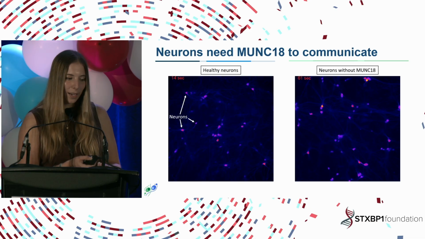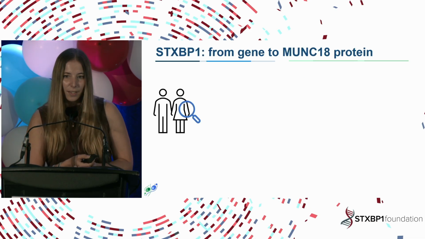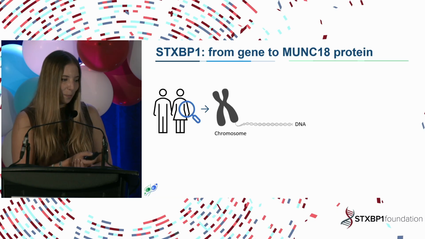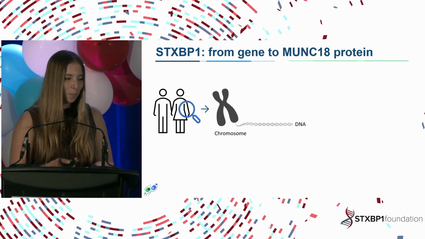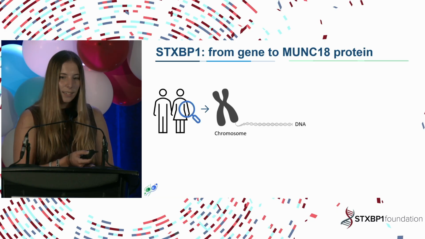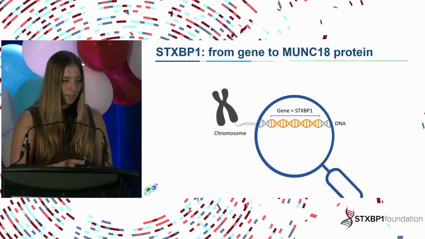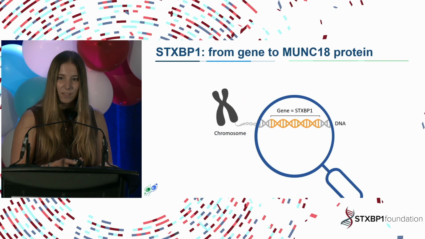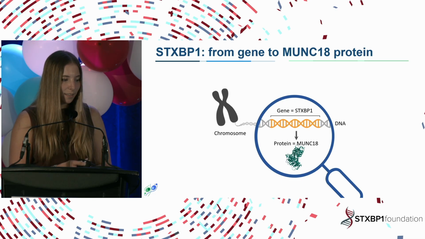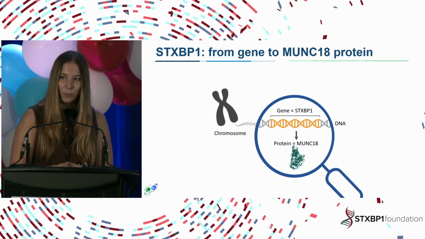But now if we go back to STXBP1, when we look at people, we have the DNA packed into chromosomes. And the DNA is structured in a way that there's fragments that we call genes. One of these genes is STXBP1, and as I said, this gene is necessary to make the protein MUNC18.